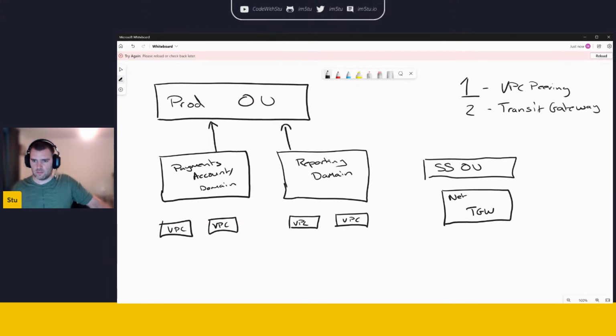We're going to call it TGW for short. And basically, this transit gateway gets shared. That's the wrong place to share it. It gets shared to each account.